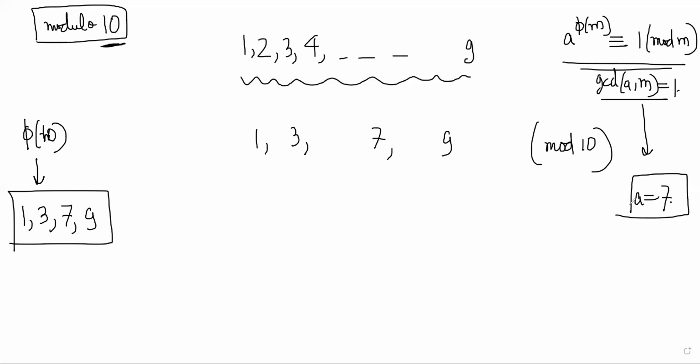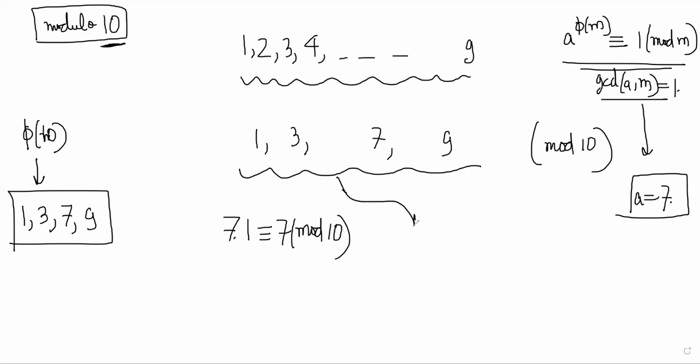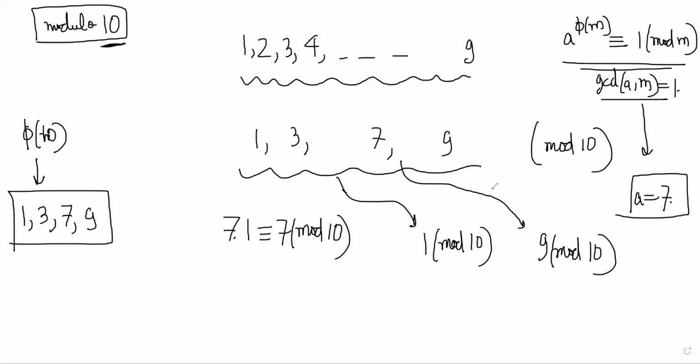So what you will do is multiply each of these with 7. So 7 into 1 is 7 mod 10. 7 into 3 is 1 mod 10. 7 into 7 is 9 mod 10. And 9 into 7 is 3 mod 10.